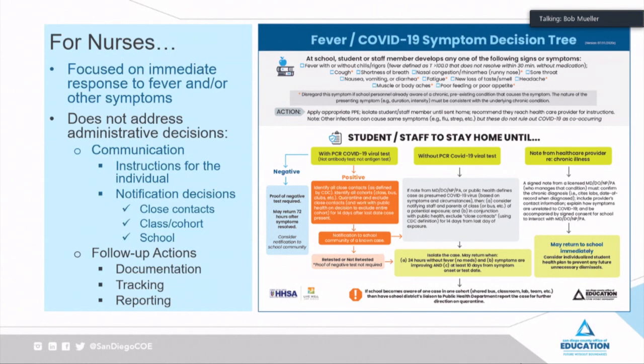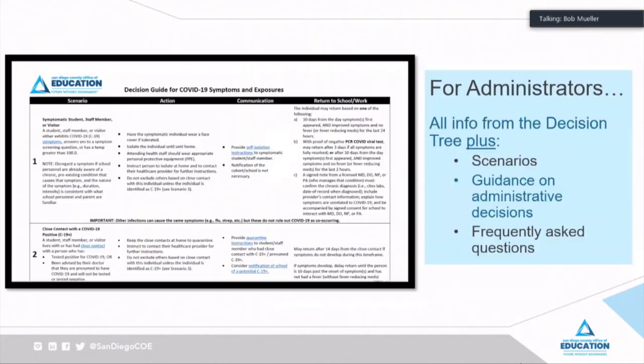It's really useful information for responding to symptoms or exposures right now, but it doesn't address communication, the instructions you would give individuals, the notifications you would need to make, or the follow-up actions. So we created the decision guide as a companion to the decision tree.